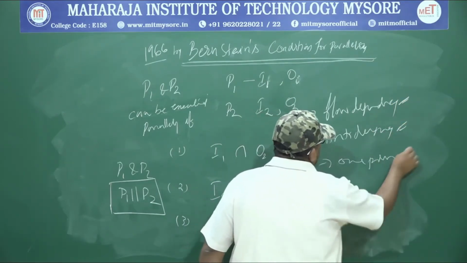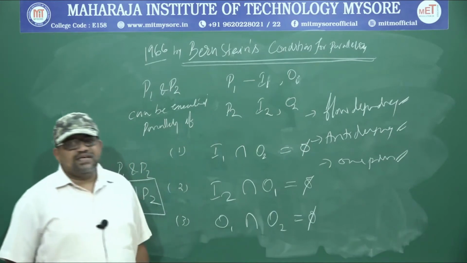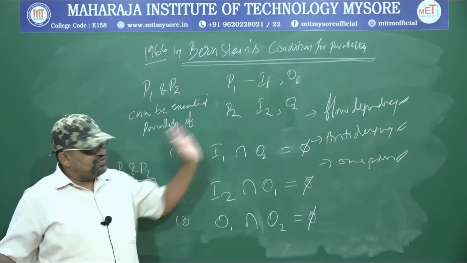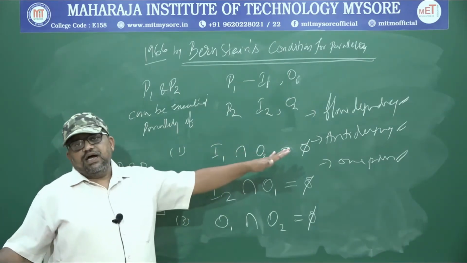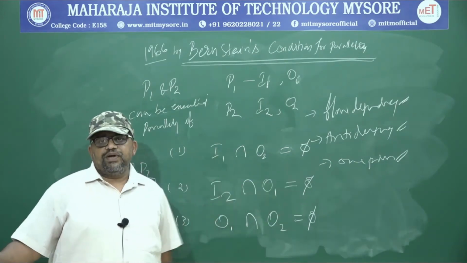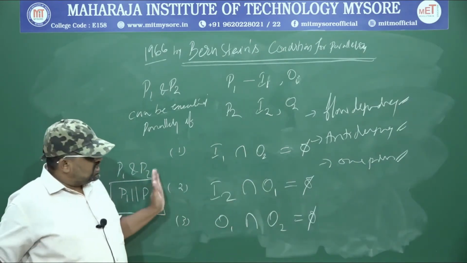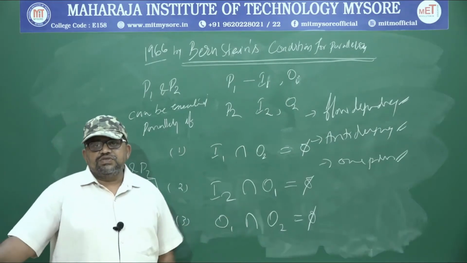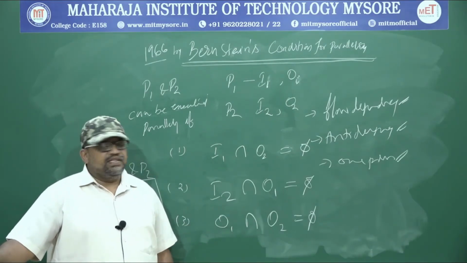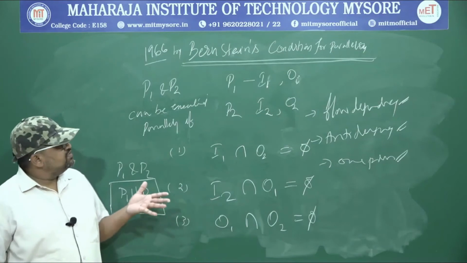If two processes are not flow dependent, not anti-dependent, and not output dependent, then you could say that both processes can be executed parallelly, right? In this way you can exploit parallelism, right?